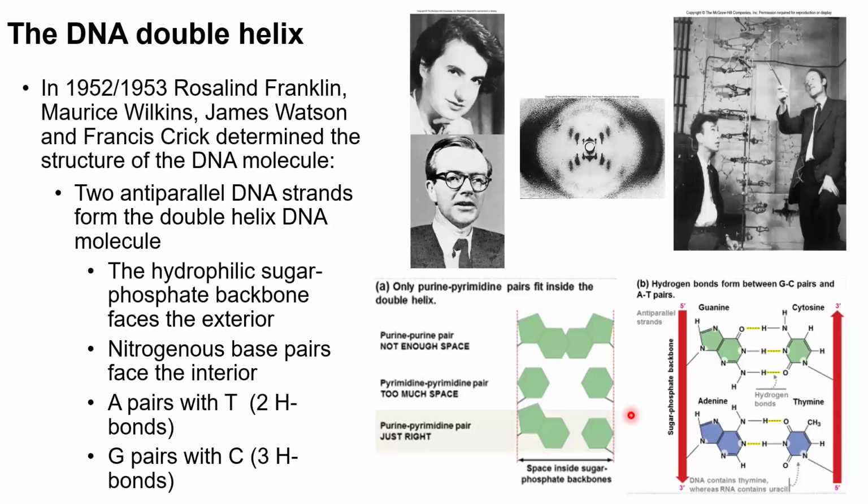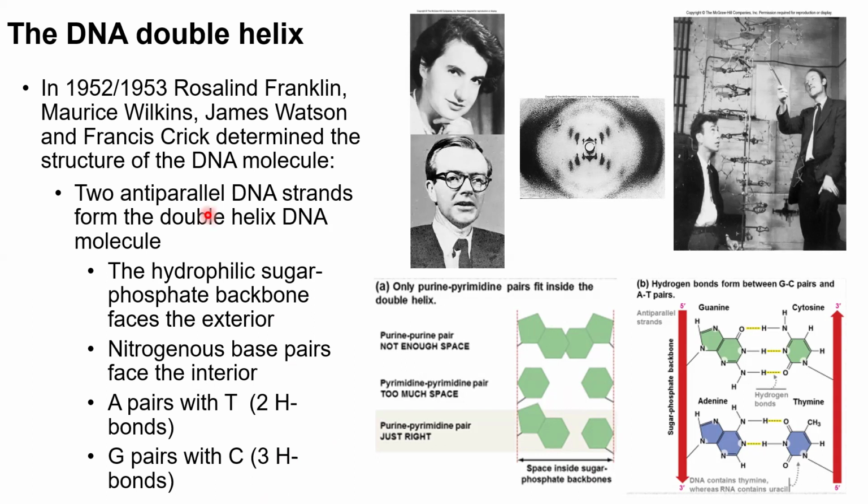So a couple of years later, people were interested in figuring out how the DNA is actually structured. And in 1952, 1953, around that time, Rosalind Franklin, Maurice Wilkins, James Watson, and Francis Crick ended up determining the structure of the double helix.